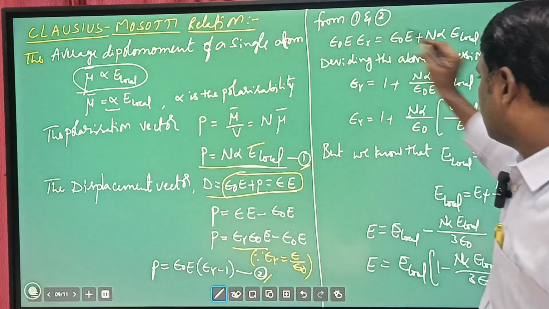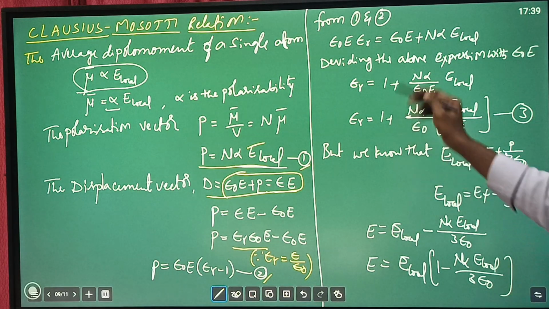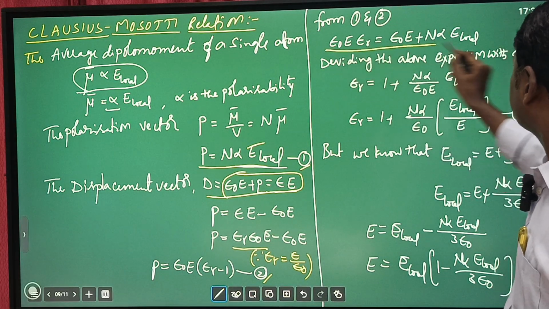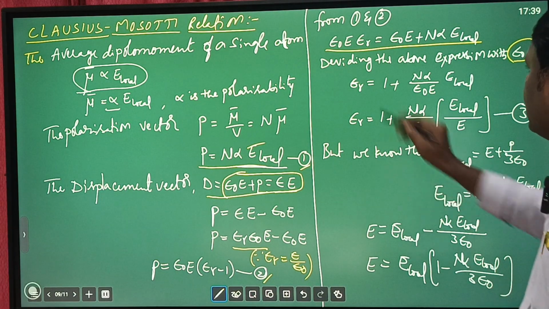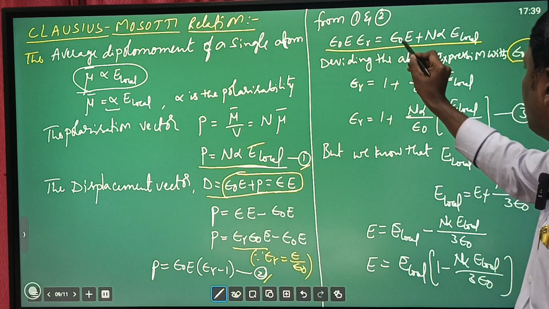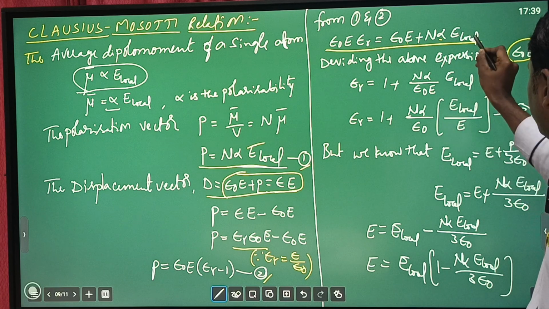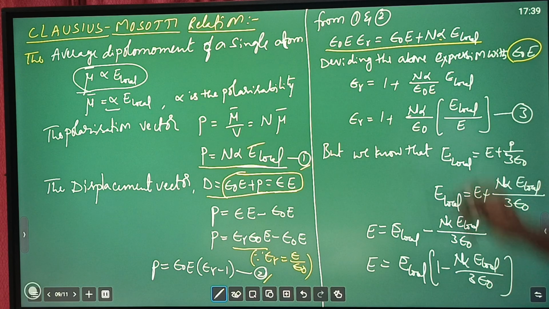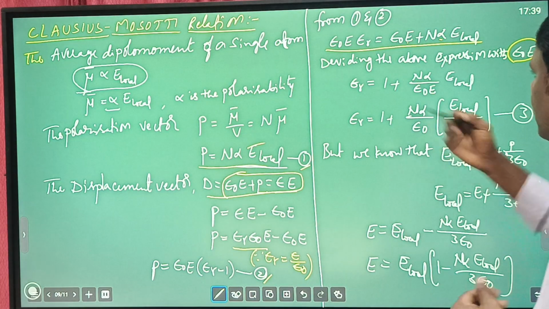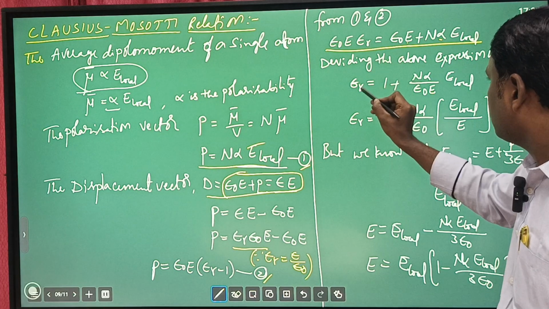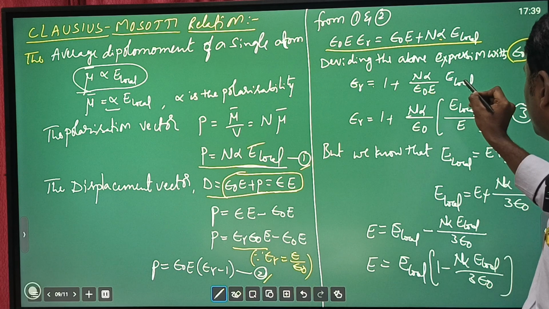Now let us divide the entire expression by epsilon naught E. Then we get epsilon R is equal to 1 plus N alpha by epsilon naught E into E local. See, very clear. The entire expression is divided by epsilon naught E.